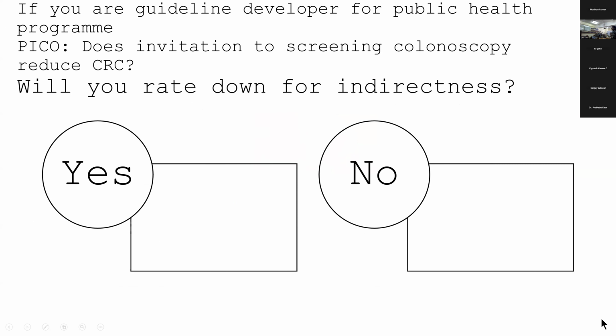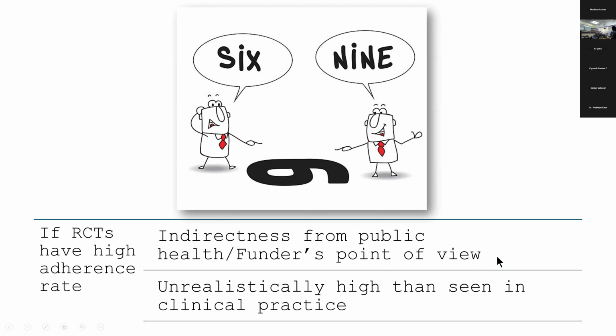But on the other hand, you're a guideline developer for a public health program. And your interest is, if I invite patients for screening, will it reduce the overall colorectal risk? In that scenario, you would not rate it down for indirectness. So actually, point of view is very important. So if RCTs have a higher adherence, it is actually not very great from a public health point of view, because they'll be unrealistically higher than what you actually see in clinical practice.